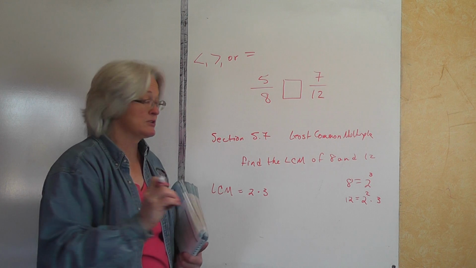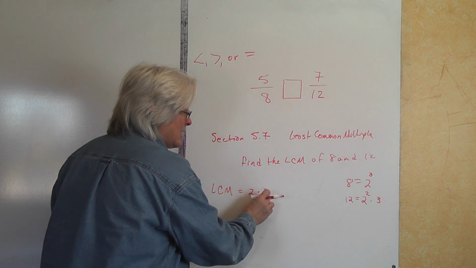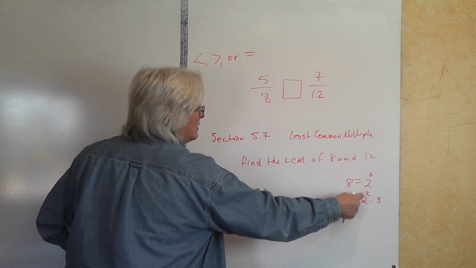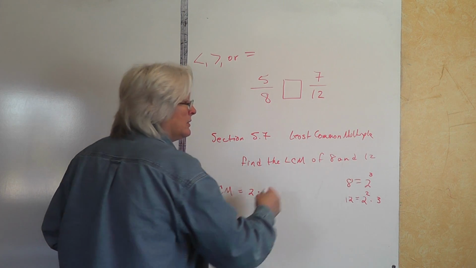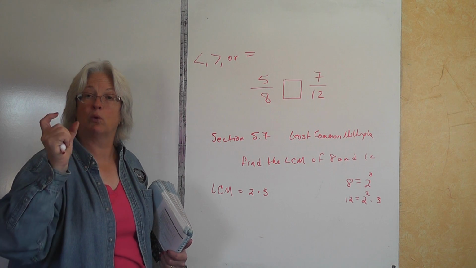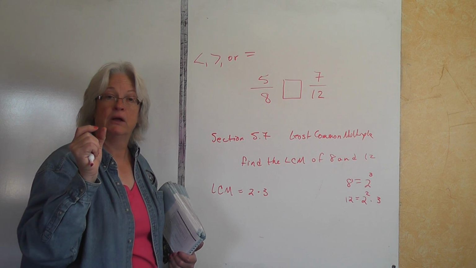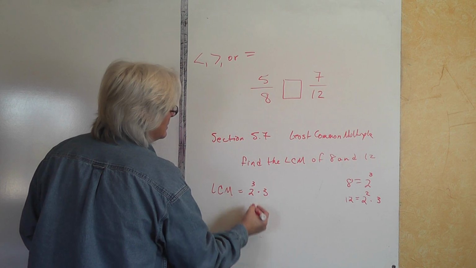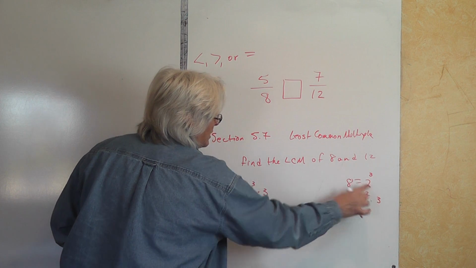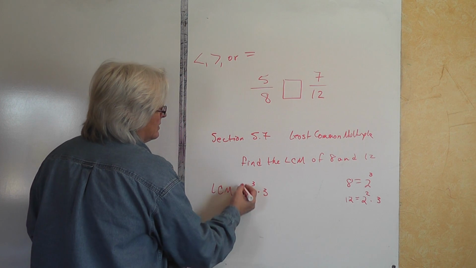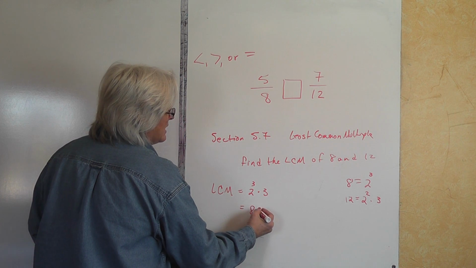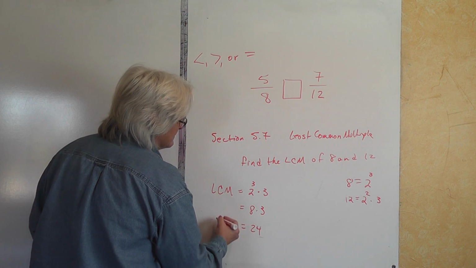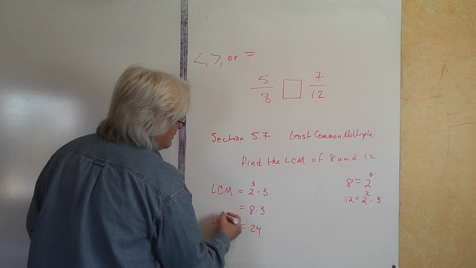Because they're factors, it's not 2 and 3, it's 2 times 3. And we look at each place that they appear. We have a 2 squared, and we have a 2 cubed. We're going to use the one with the largest exponent. So this becomes 2 cubed, and we only have 3 used one time, so it's 2 cubed times 3. So what is 2 cubed? 2 cubed is 8 times 3, so our least common multiple is 24.